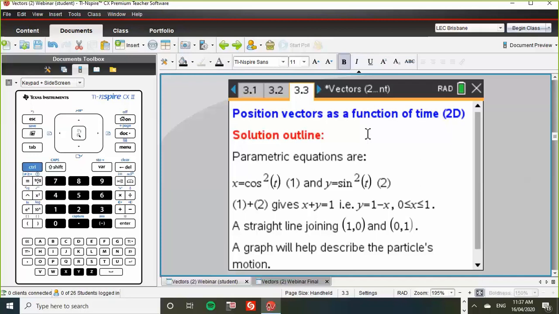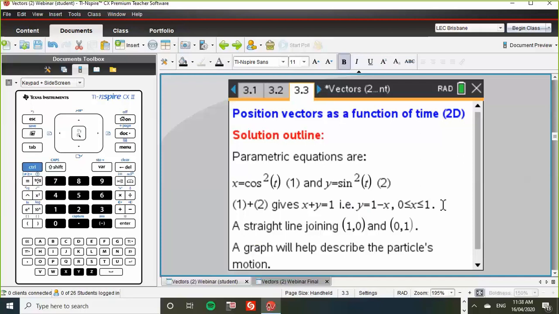Now, exploiting the Pythagorean identity, cos squared t plus sine squared t is equal to 1, if we add 1 and 2, on the left-hand side we get x plus y, and on the right-hand side we end up with cos squared t plus sine squared t, and that's always equal to 1. So that's another trick to eliminate the parameter t. Rearranging to make y the subject, y is equal to 1 minus x. So we have a straight line.